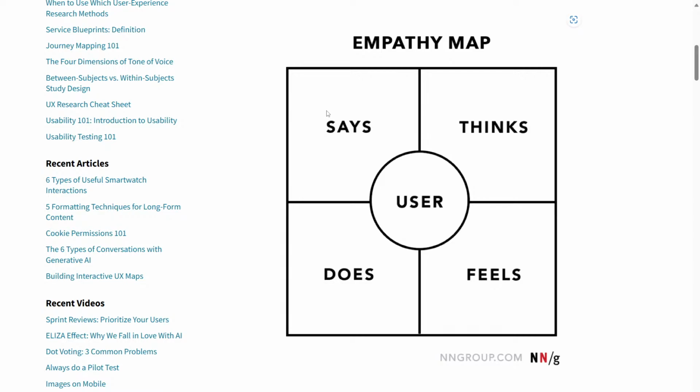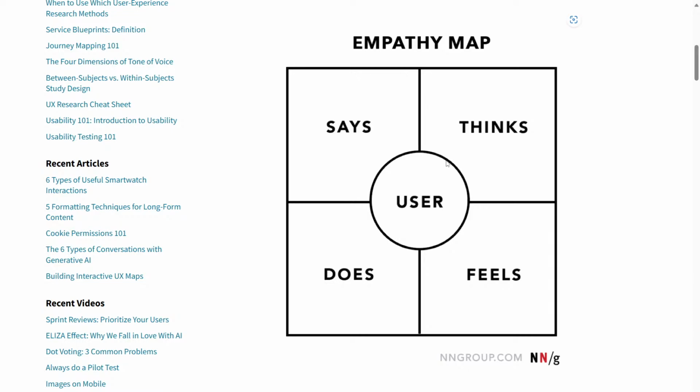And then feeling. If your page is really laggy and slow, they could be frustrated, they can't find the information quickly, or they could be feeling happy because all of the information is on the page. They could be feeling frustrated because the layout is not effective. So you're just trying to gather all of the thoughts and feelings of your user.